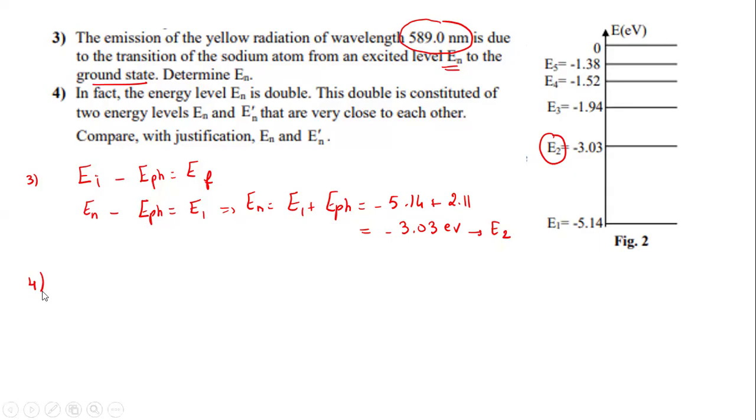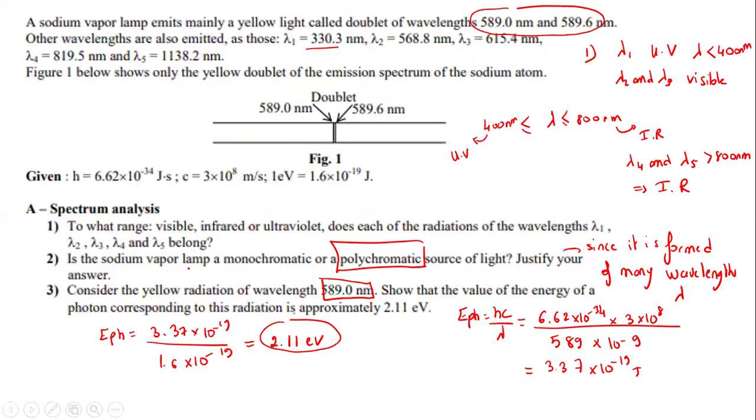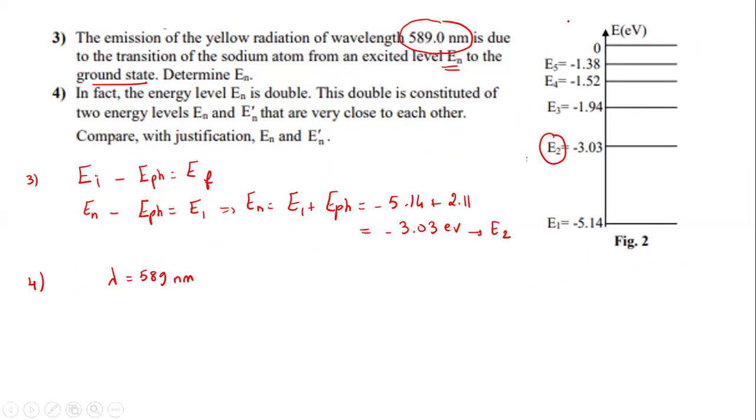Because if you remember, we had lambda 589 nanometer, and it also told us that we have another lambda that corresponds to the doublet of the yellow, which is 589.6 nanometer. So we have another one, I'll put it prime. Both correspond to the doublet yellow. One of them is called En, the other is called E prime N.